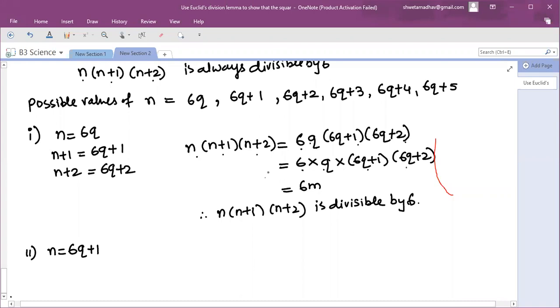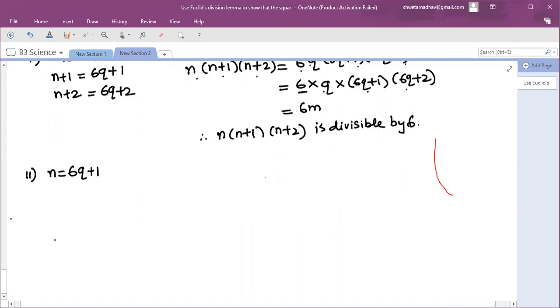So these are the 4 factors, and 6 is a factor. So can you say that after taking the product, whatever number I'm getting is divisible by 6? Yes, ma'am. Is everyone able to understand now? Yes, ma'am.